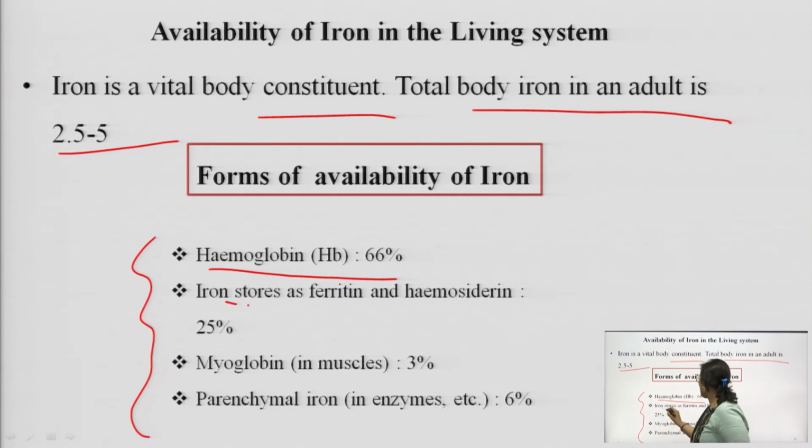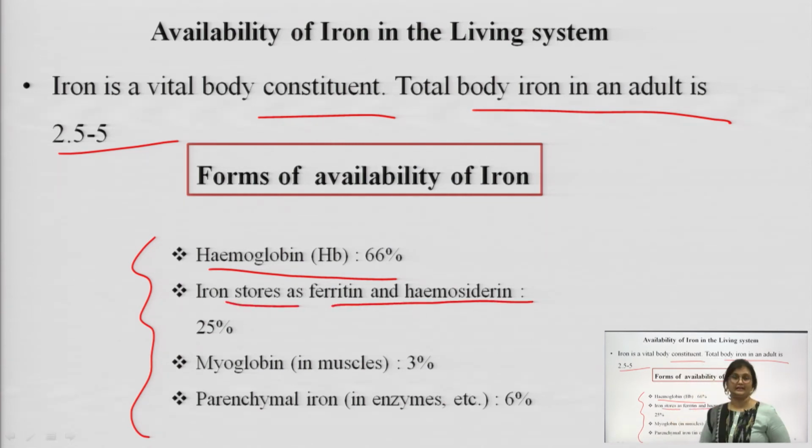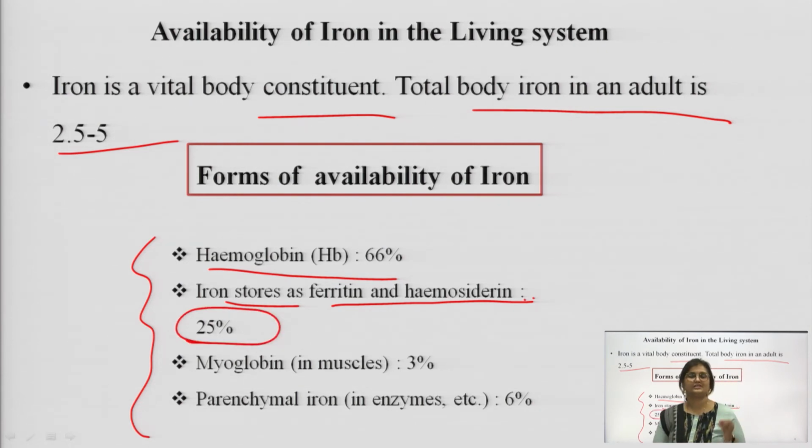Iron is also stored as ferritin and hemosiderin at a range of 25%.